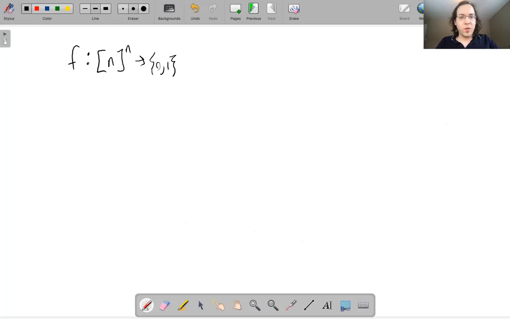So we have a non-Boolean input alphabet. And basically, we have a promise. The input is a permutation, which means that every alphabet symbol occurs exactly once.